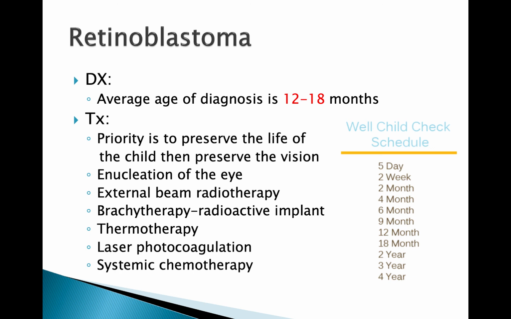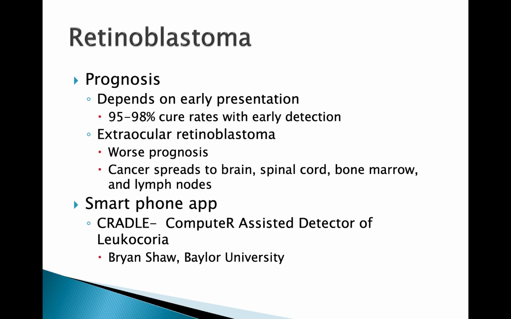But again, the purpose is you have to save the life and then worry about saving the eye. And a lot of times these kids will lose an eye if it's diagnosed later, like around 2 or 3 or 4, in order just to save their life.